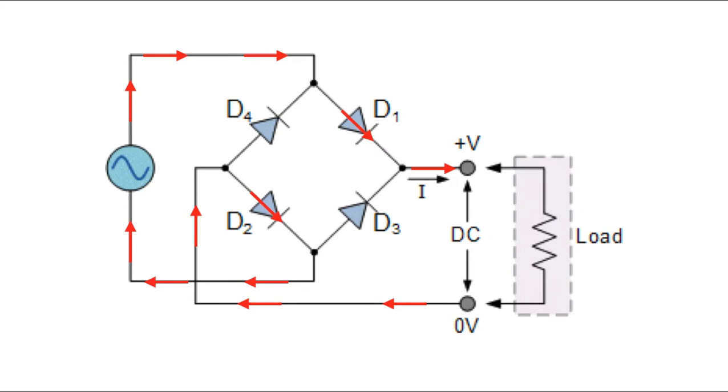The current only passes through diodes 1 and 2, not 3 and 4, since diodes 3 and 4 are placed in a reversed position. We can see that from both directions of current, the resulting output current is only flowing in one direction, and that is how the alternating current is converted into a direct current.